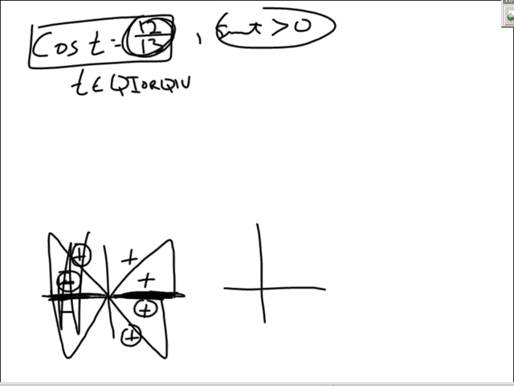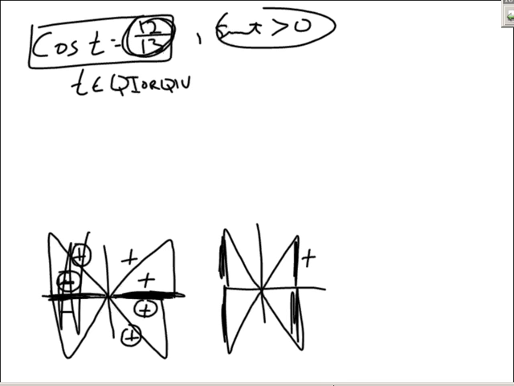Now, sine deals with the opposites, which I'm highlighting. Well, I'm telling you it's positive. Positive here and here, and negative here and here. That is, t is in quadrant 1 or 2.